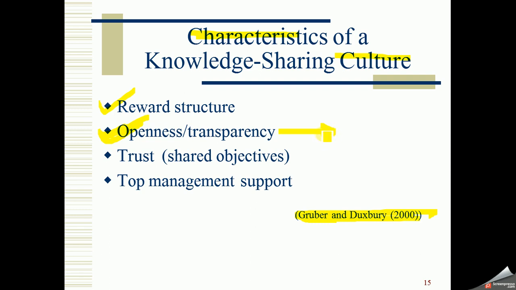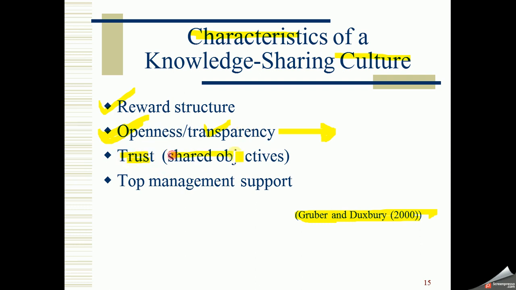Everything should be transparent, because we saw before in the knowledge application chapter that knowledge is power, and the people have certain reservations when they share the knowledge. So if we have an open and transparent culture, it will enable knowledge sharing.